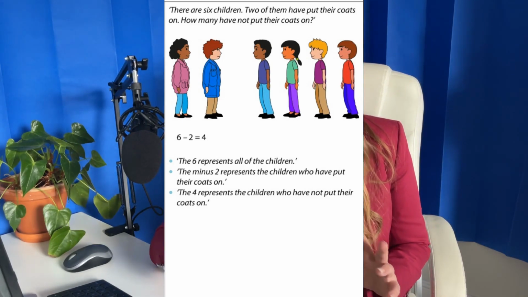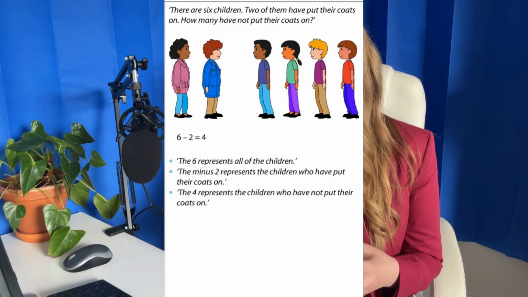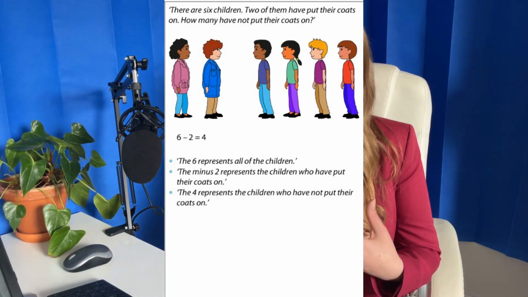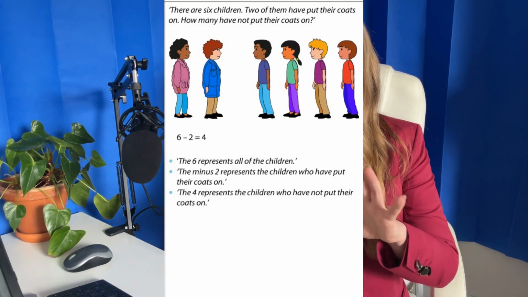The way that the minus will be introduced is not as if we are taking away something from the whole, but as if we are separating the two different parts of the whole. Again, these are not addition and subtraction operations at this stage, especially when we are referring to them in the context of number bonds. These are just the numerical representation of the part-whole concept.